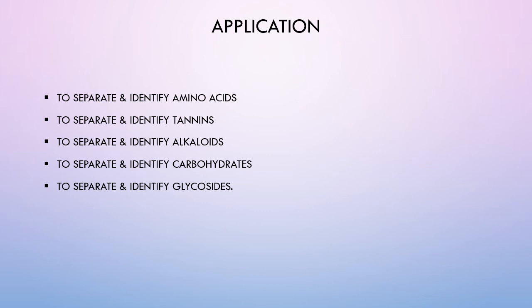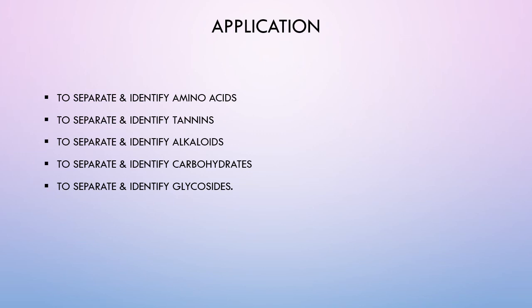Because of that, the separation and identification of tannins is most important, because in addition to tanning leather, tannins are used in photography and as a mordant in dyeing. Tannins have great uses, so separating and identifying them is most important, and with the help of partition chromatography it is easy.